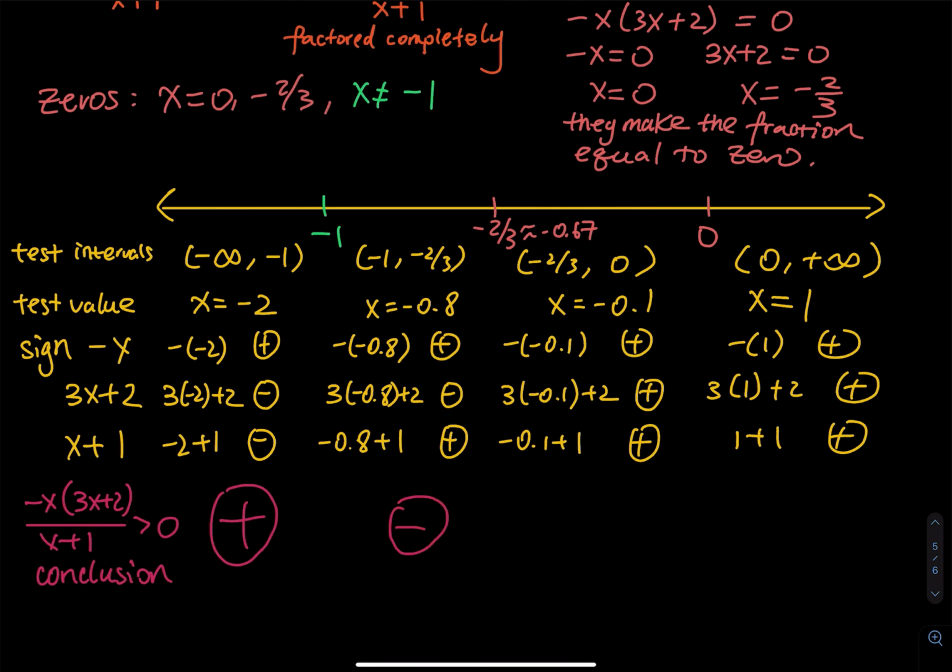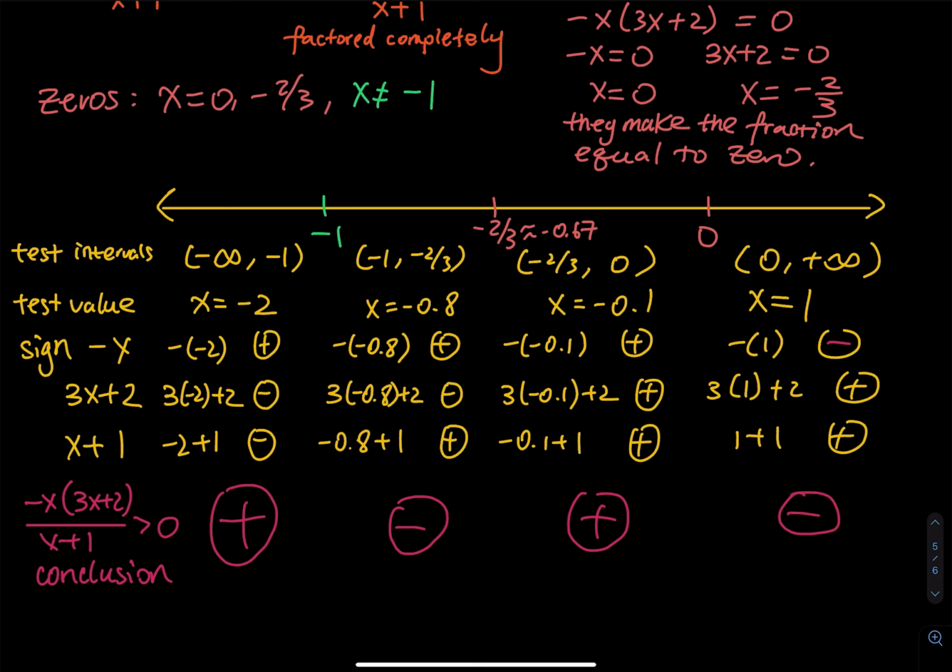And then positive times positive divided by positive, definitely positive. And then the last one, negative. Oh, do you see that I made a mistake right there? I think most people caught me already. Negative 1, negative. So negative times positive is negative. Negative divided by positive is negative.